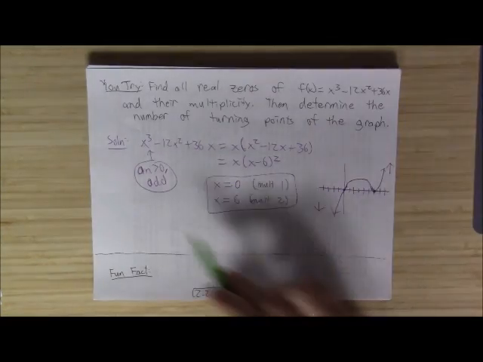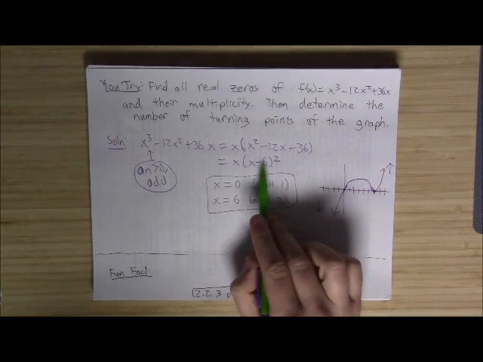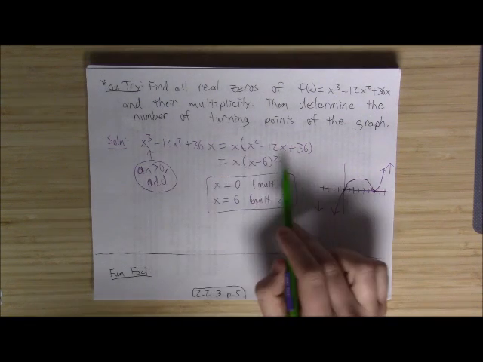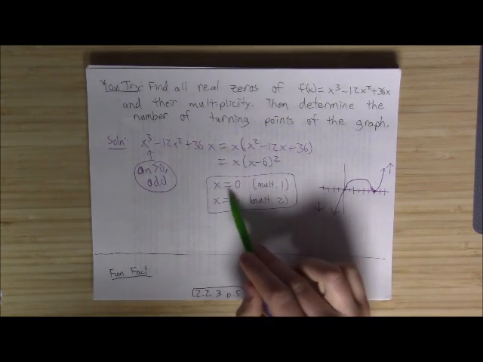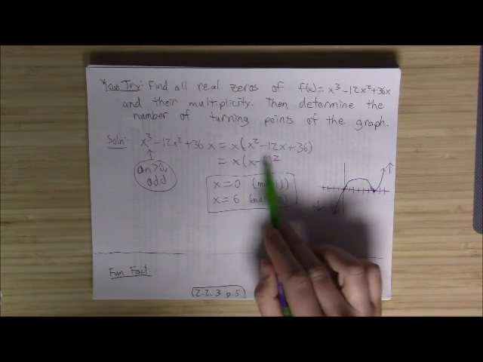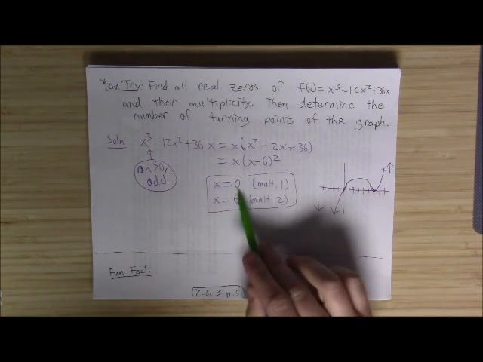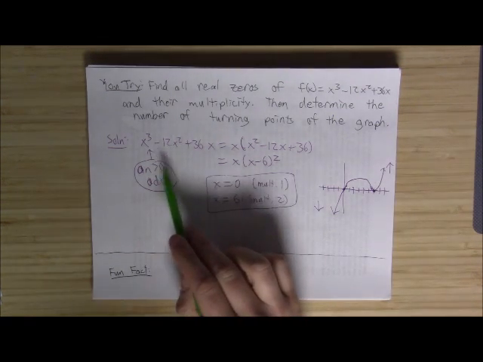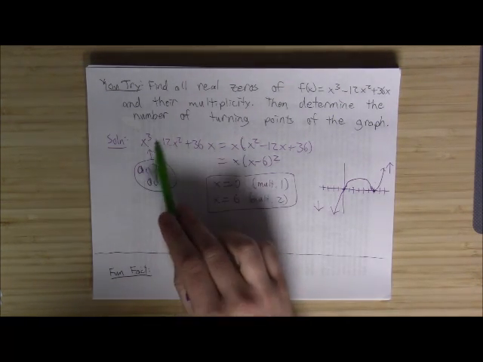1, 2, 3. So here we go through, we factor, and we get this factorization. Once we factor the polynomial, we notice that x equals 0 occurs one time, but then we have a twice repeated root, x minus 6. So x equals 0 has multiplicity 1, x equals 6 has multiplicity 2. And here we also look at the end behavior.